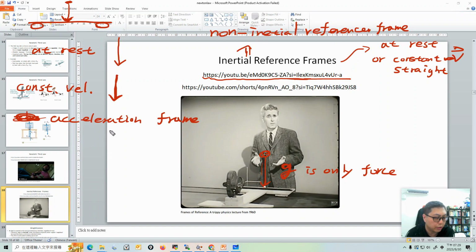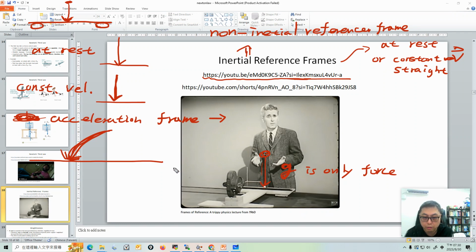Okay, this is the ground. The trajectory will become like this. If you are in an accelerating frame going to the right, you will see the trajectory of the ball in this direction.